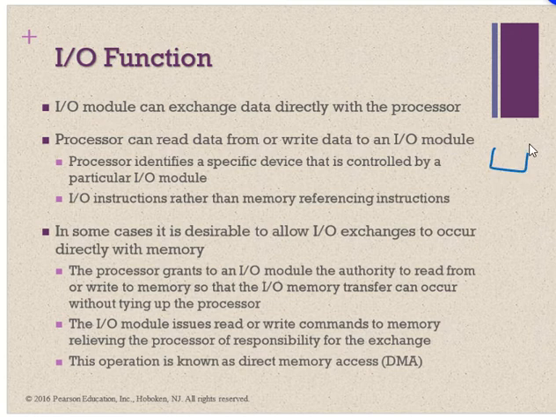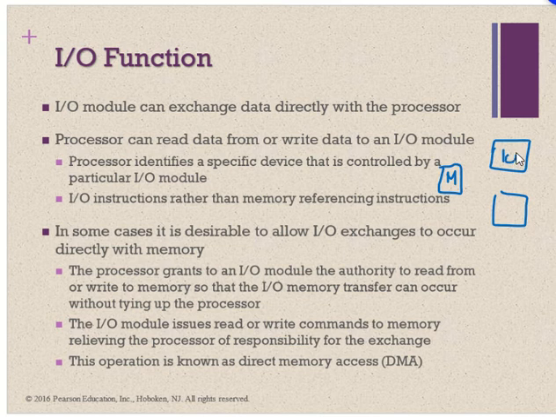So you have your I/O module here, your processor here, and memory. This is your memory, this is I/O, and this is the processor. The processor gives permission to the I/O module to send data to the memory or to receive data from memory. So that's the idea. The I/O module issues read write commands to the memory, relieving the processor of the responsibility of exchanging data.